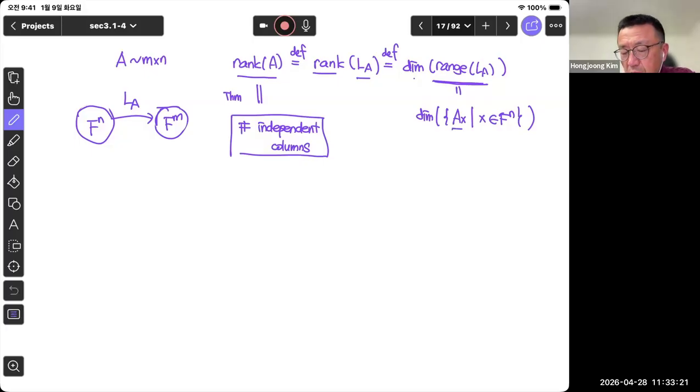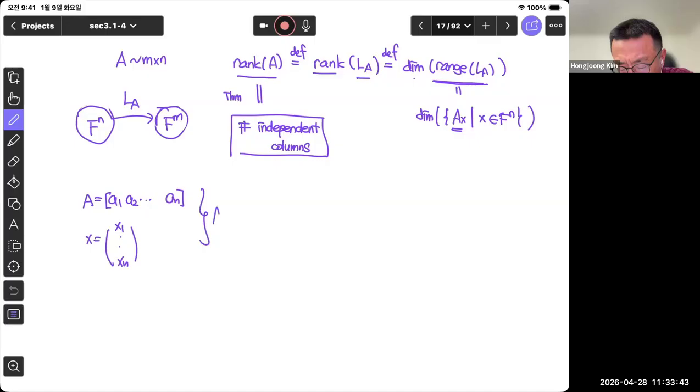If A is an m by n matrix with n columns, A1, A2, up to An, and if X consists of numbers x1 up to xn, then A times X is just x1 A1 plus x2 A2 up to xn An.